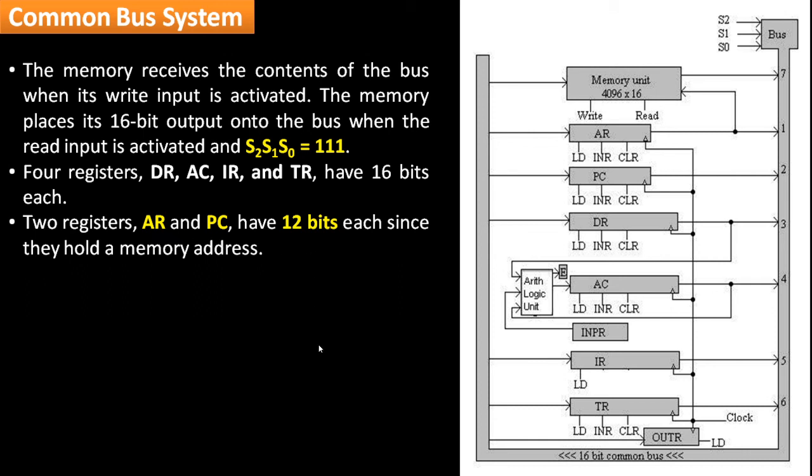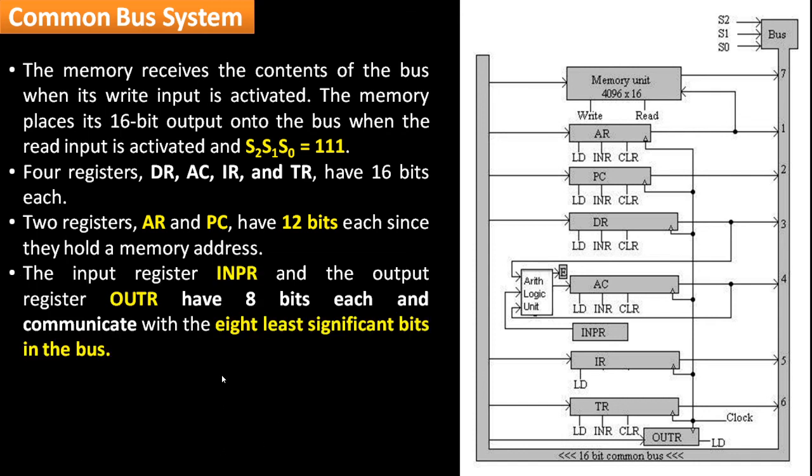We have already discussed this earlier because AR and PC are basically used to hold the address of the memory module. Now, the input and output registers are all 8-bit in size and are basically used to hold the data coming from the outside world into the computer and the data provided to the outside world through the output register.